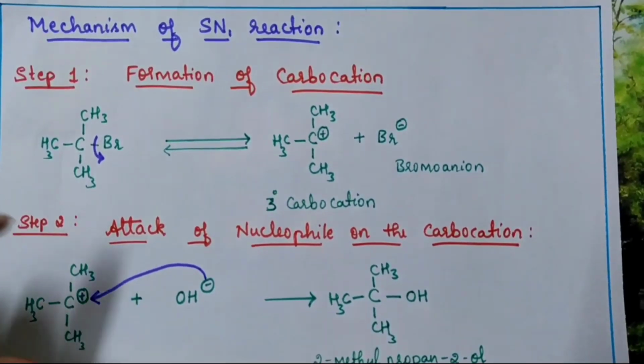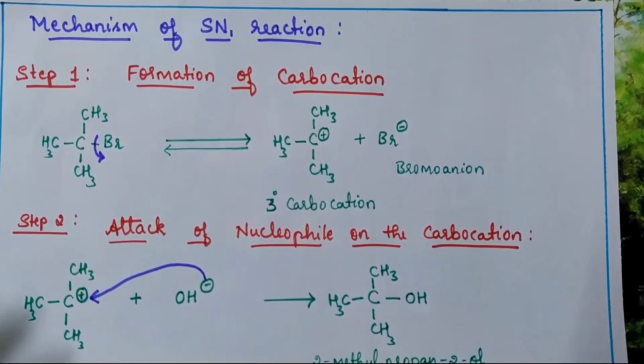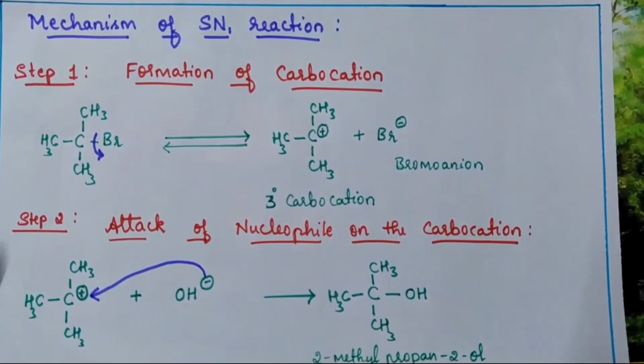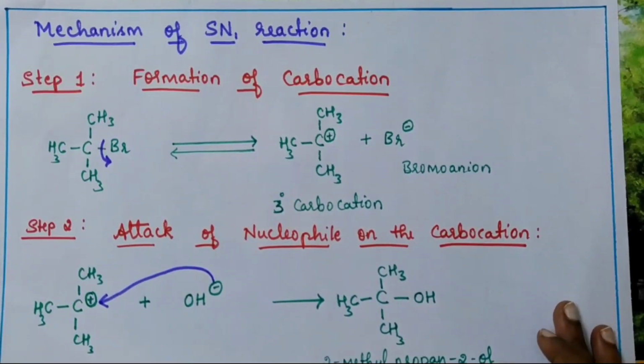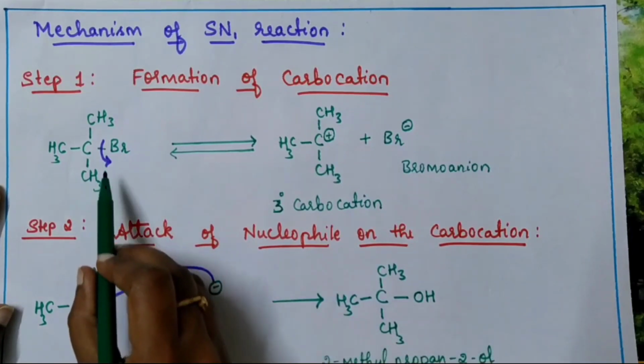That's it guys. These are the steps for the mechanism of SN1. Isn't it easy? If you just understand the factors and how the reaction is going to take place, if you know the general reaction, what will be the reactant and what will be the product, writing this mechanism is going to be very easy. And very importantly, when you write the mechanism, you must write the arrow marks like this.